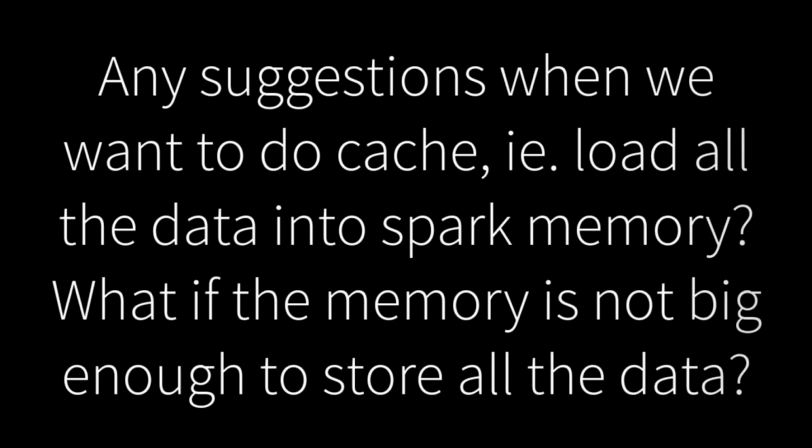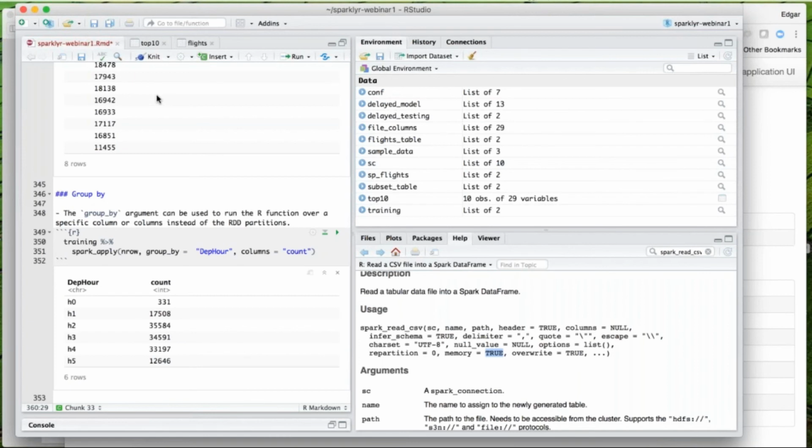Any suggestions on what we do to cache and load all data into Spark memory? What if the memory is not big enough to store all the data? Yes, that's a very good question. I think it depends on what you're doing at that point. If you're doing an EDA, for example, then one of two things would be possible, especially if you're limited on the amount of memory. One would be to only bring in columns that are of interest.